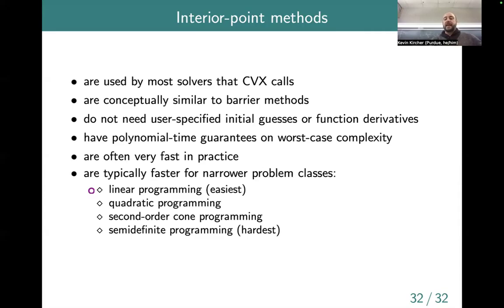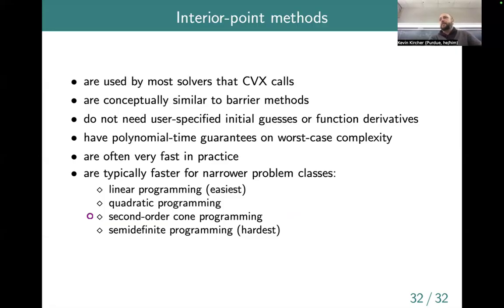In that case, interior point methods often work very fast, although there are other algorithms for linear programming that are competitive with interior point methods. And then quadratic programming, this would be a quadratic objective function with typically a linear set of constraints. And then there are weirder versions of convex optimization problems.